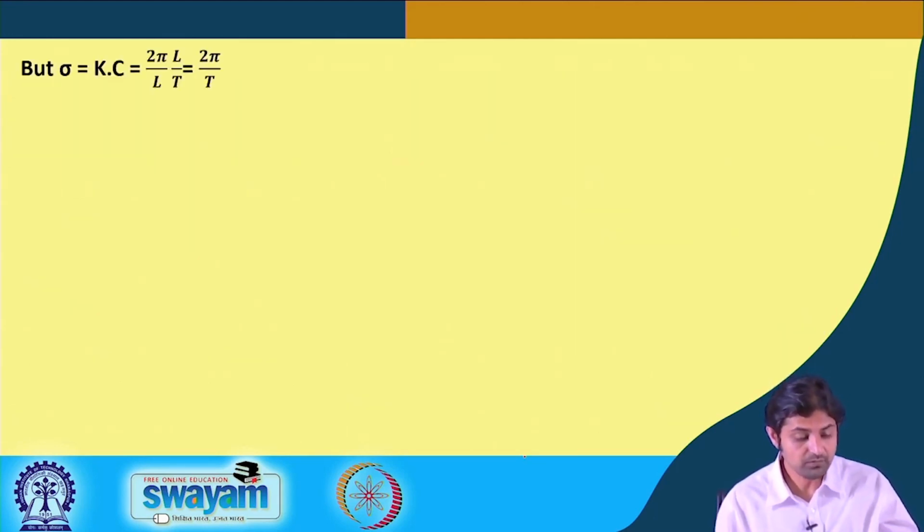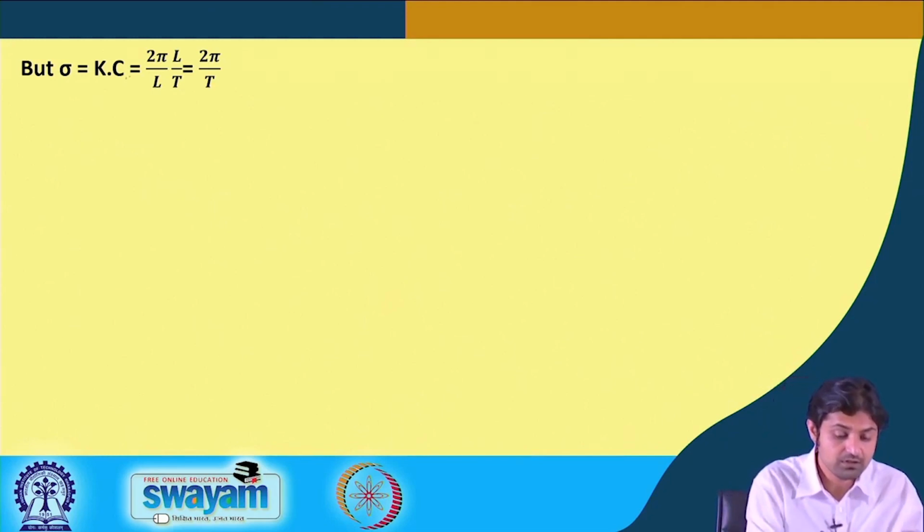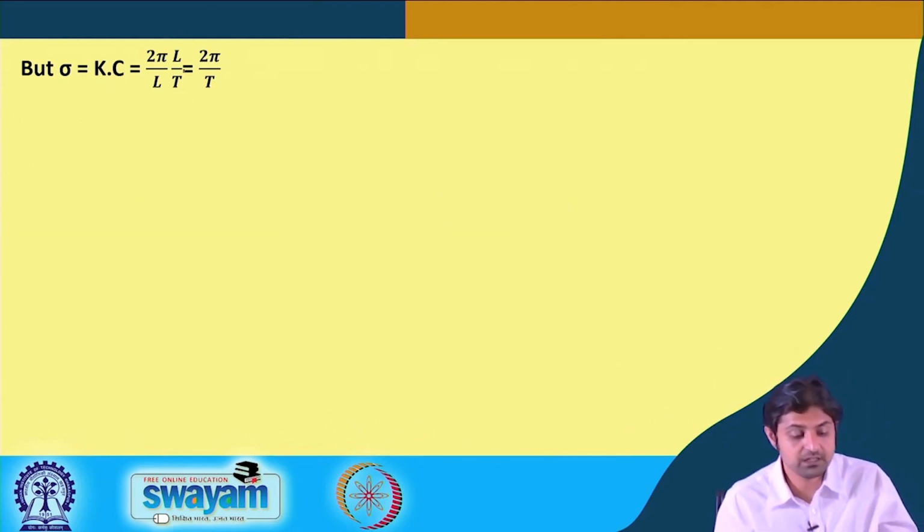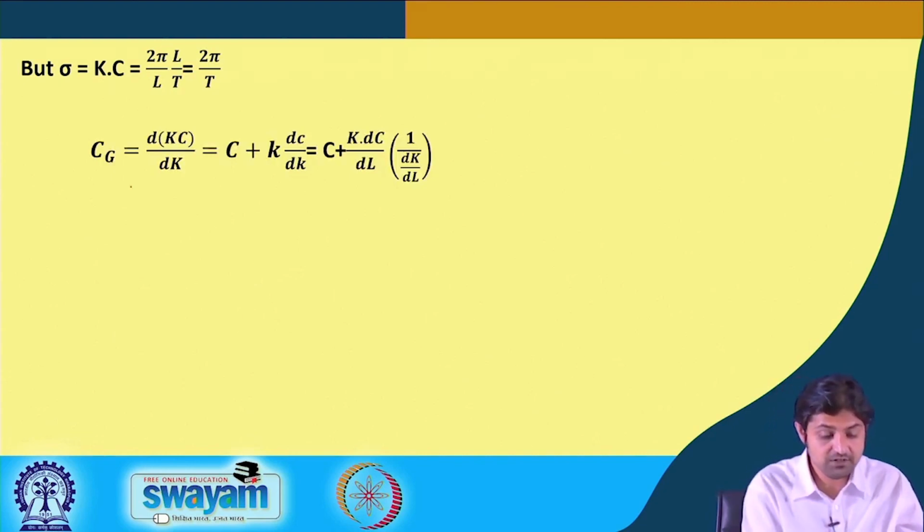But sigma is what? Sigma can be written as k into c, 2 pi by L into L by T. So, Cg will be d of k into c instead of sigma.